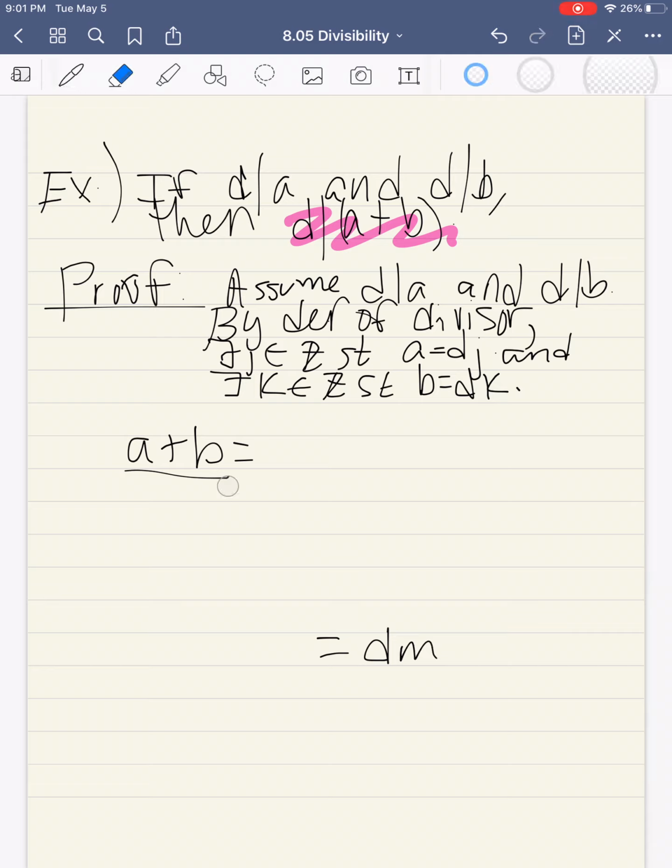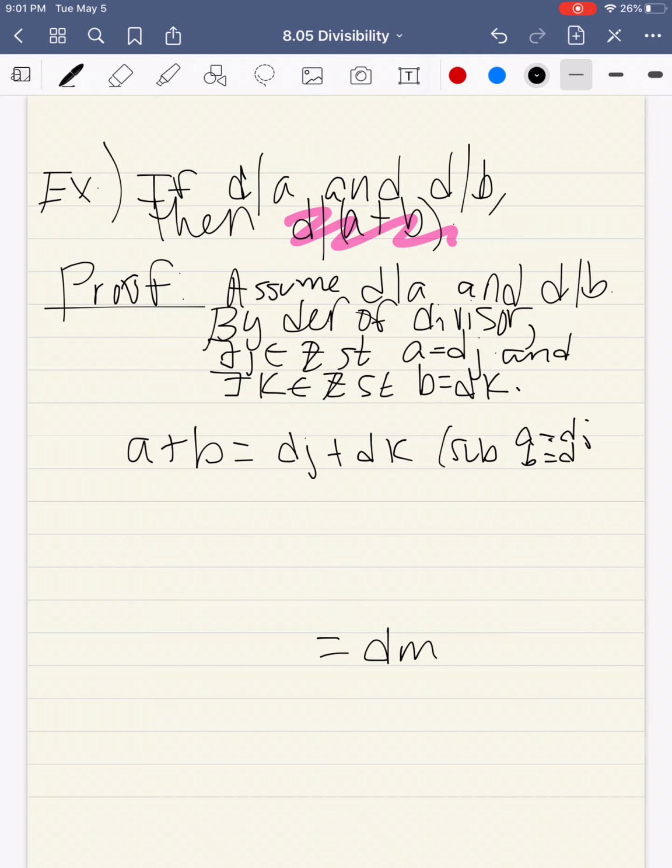We want to get to that point, because once I've said I started with a plus b and it's equal to dm, then I can hit that with the definition of divisor, and we're good to go. So let's get started. We have a plus b equals dj plus dk, substituting a equals dj and b equals dk. We're going to factor out a d, so we get d times j plus k.